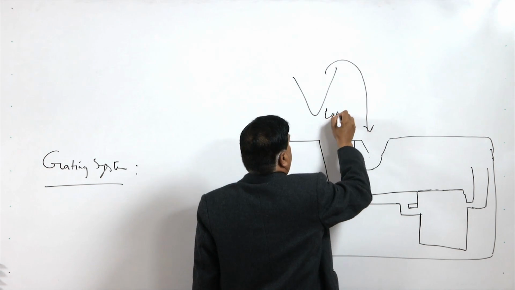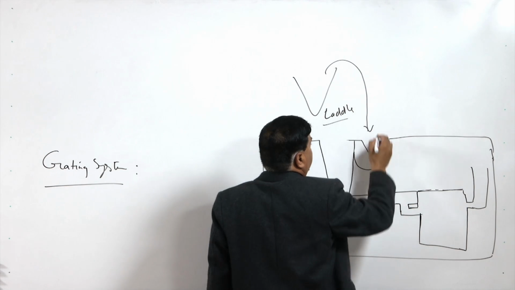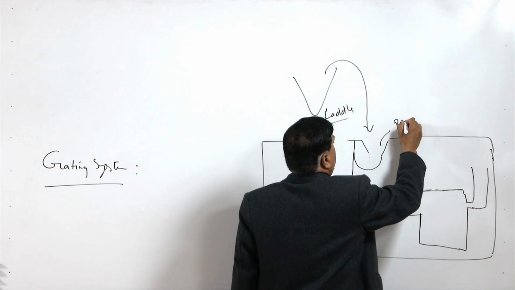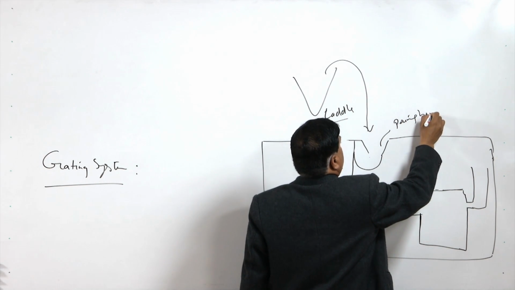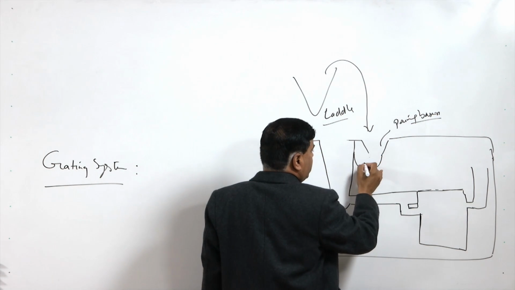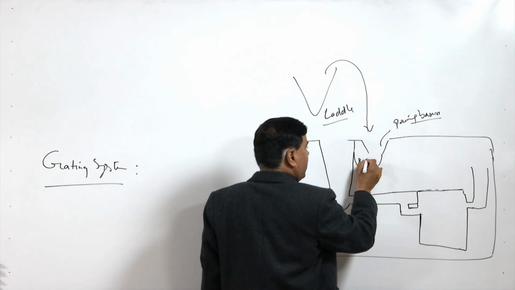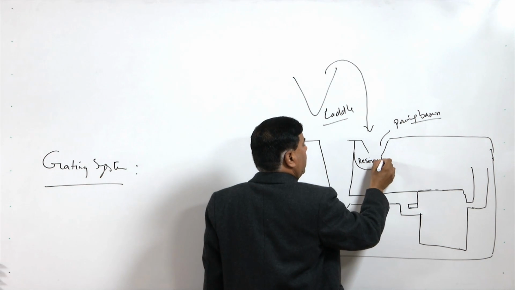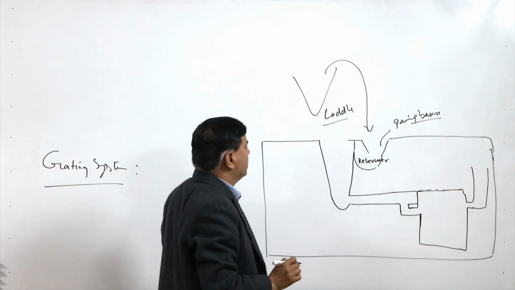So, you can say this is the ladle and it is poured into the pouring basin. This pouring basin acts as a reservoir of the molten metal.